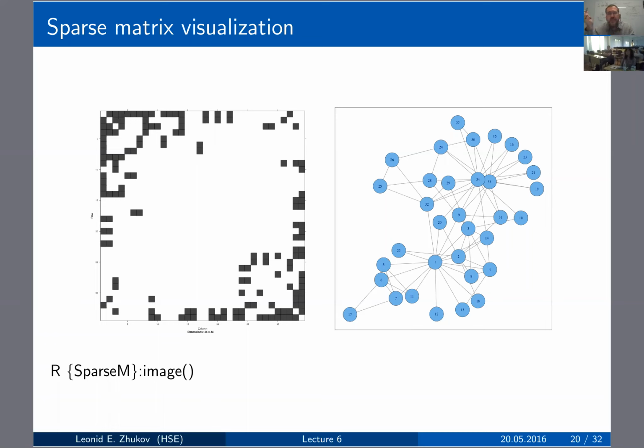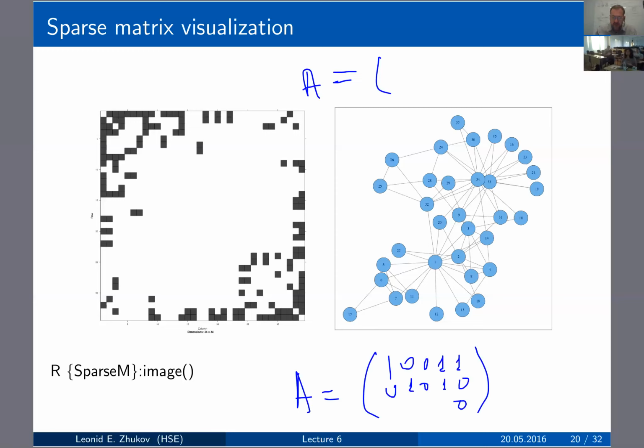So that's why it's very good to learn how a graph can be represented by sparse matrix visualization. Sparse matrix visualization is very simple. We take the adjacency matrix that corresponds to your graph, and it will have a bunch of ones and zeros, and those ones correspond to the connections.